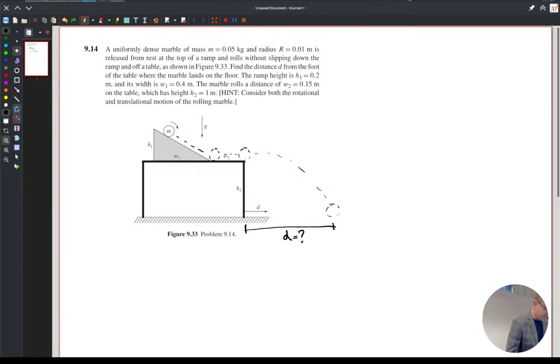We know the height and the width of the ramp, and we know how tall the table is. All the H1, W1, H2, those are all known values, but what else do we need to solve this problem?